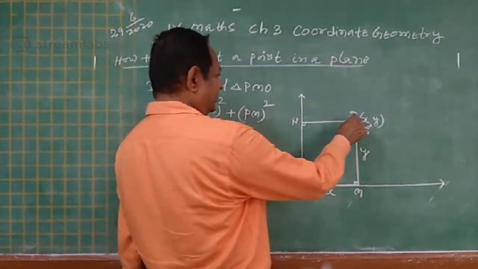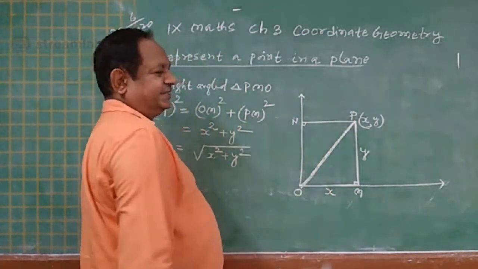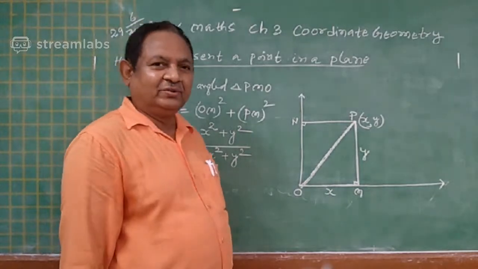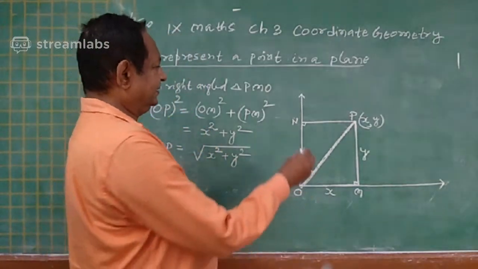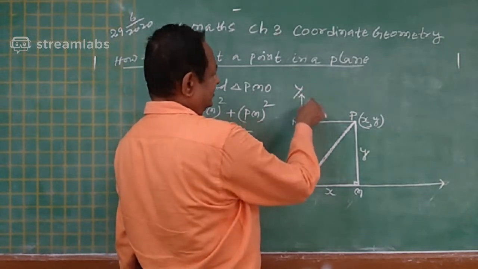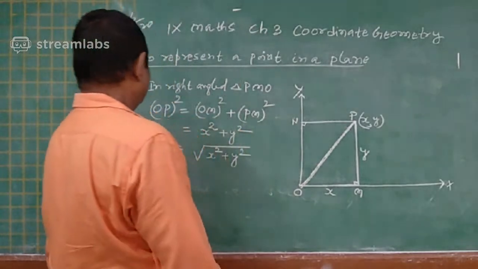What is the y coordinate? The perpendicular distance from the x-axis is called the y coordinate, and the perpendicular distance from the y-axis is called the x coordinate. So note down.